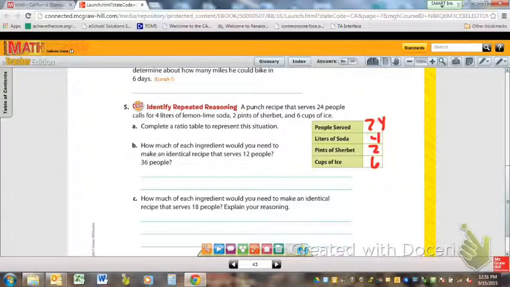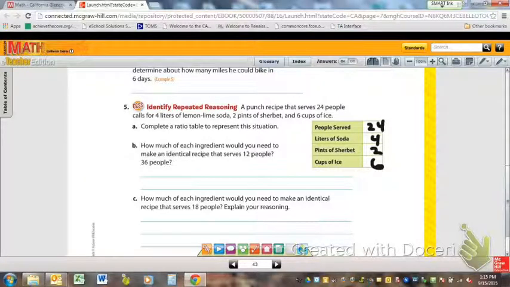And they want to know how much of each ingredient you would need to make an identical recipe that serves 12 people and 36 people. So you're going to have to make a ratio table and divide, and then make one where you scale back, divide, and then multiply. Again, some of the answers are in the back of the book, but they really need to show me their work before turning them in. Thank you.